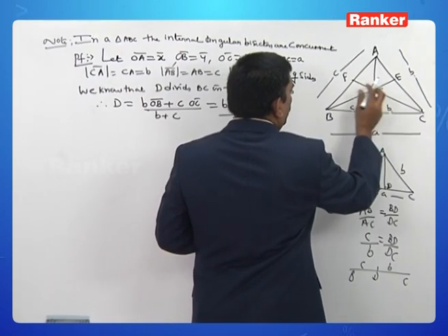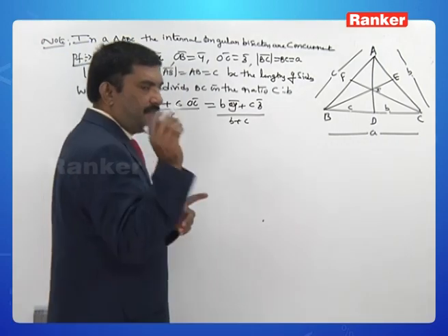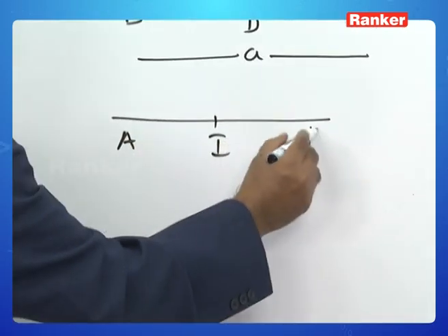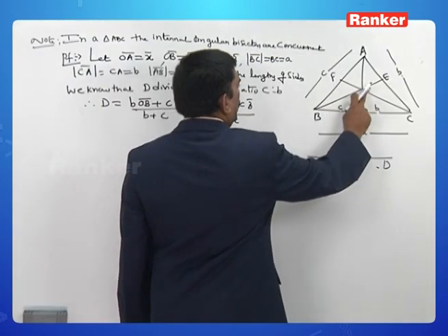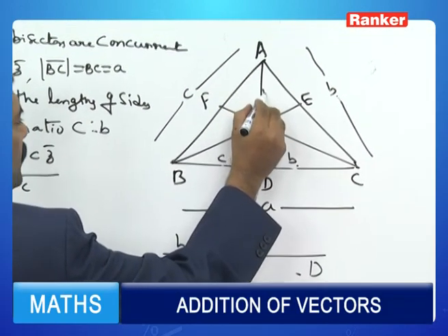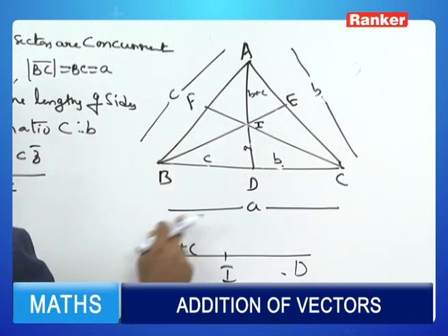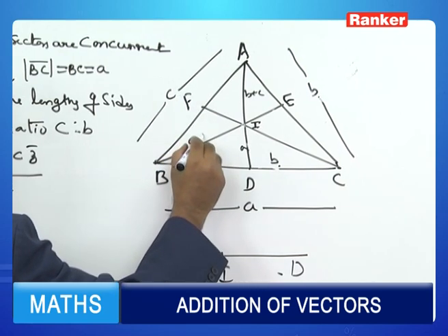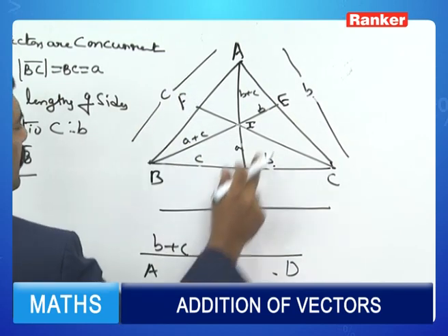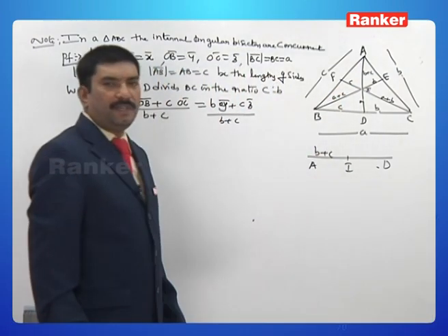In the lower classes we already came across this: I divides A and D in the ratio of the sum of these two sides, b plus c, is to a. Then I divides BE in the ratio a plus c is to b. I divides CF in the ratio a plus b is to c.